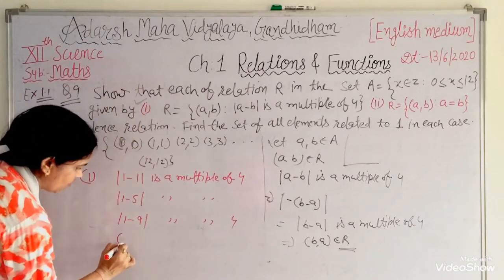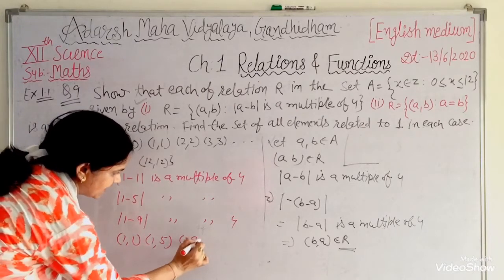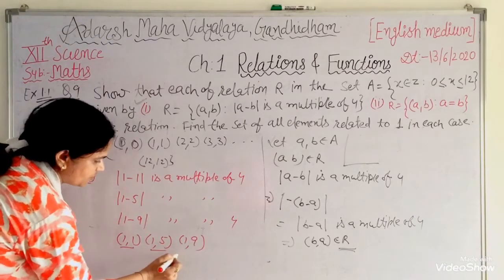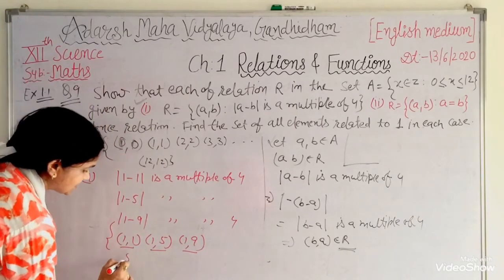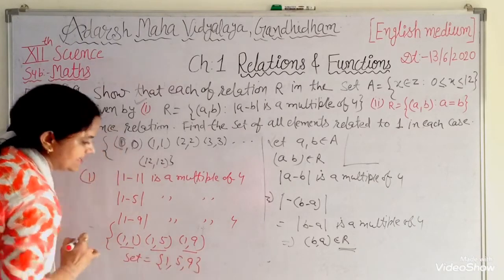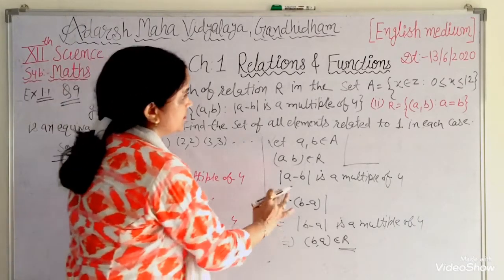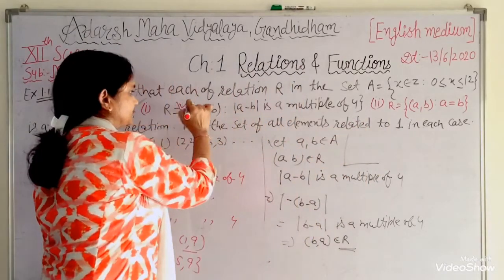It means 1 relate 1, 1 relate to 5, 1 relate to 9. Okay, student? So the set is 1, 5 and 9. These are related to 1 in the first case.